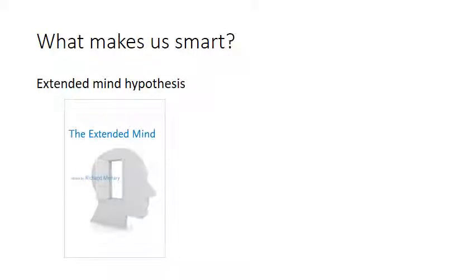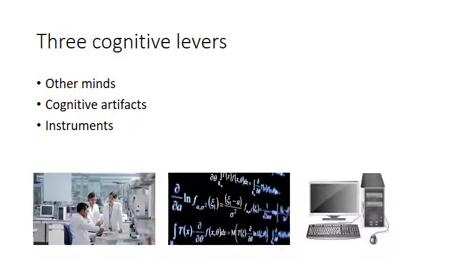Human cognitive mental processes use elements from the environment to scaffold their thinking, to put their thinking on a higher level. So what are these external elements? Well, there are three important cognitive levers, if you will, three important scaffolds that increase the power of the human mind. And the first of all are other minds.